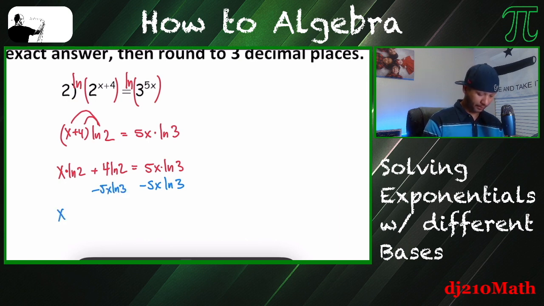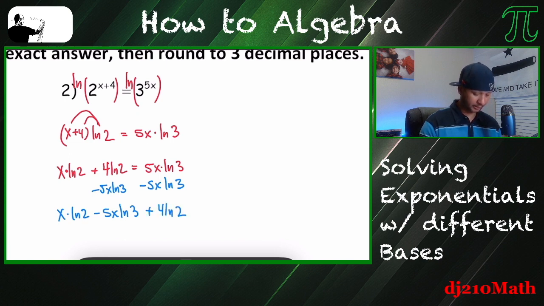So I'm going to get x ln 2 minus 5x ln 3 is equal to plus 4 ln 2, right? Because that's still on the left. And this is equal to 0.